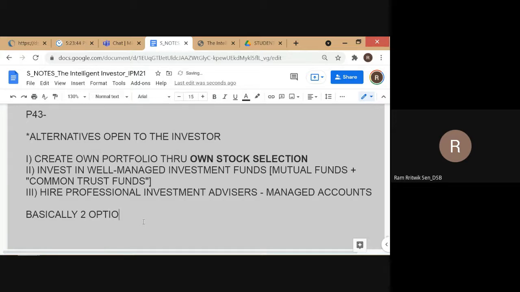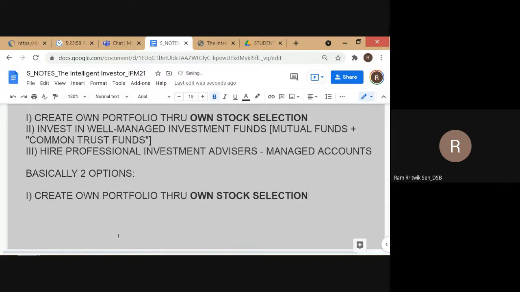Pretty common sense actually, but these are fundamentally the two options.